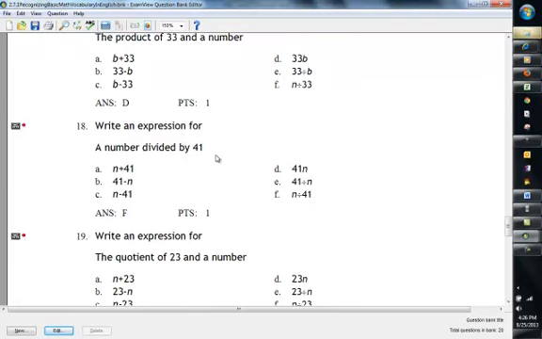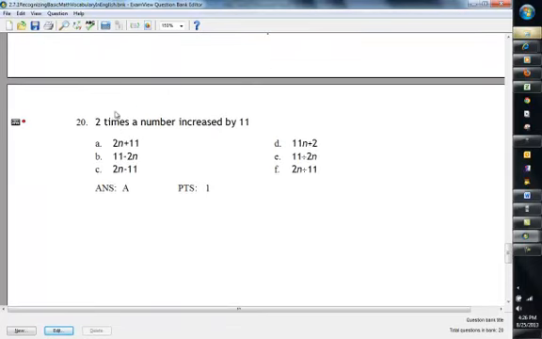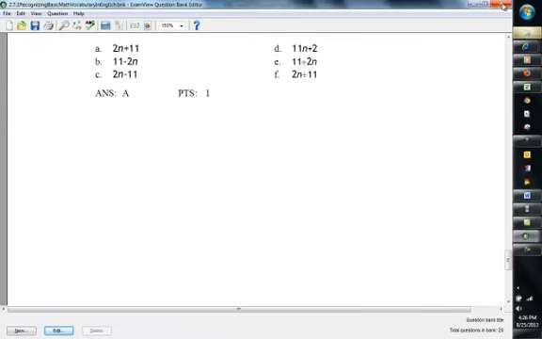A number divided by 41, N divided by 41. The quotient means division, 23 divided by N. 2 times a number, 2N, increased by, so plus 11.